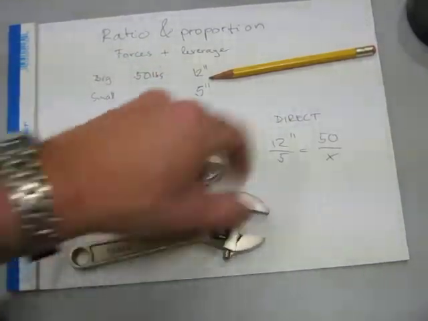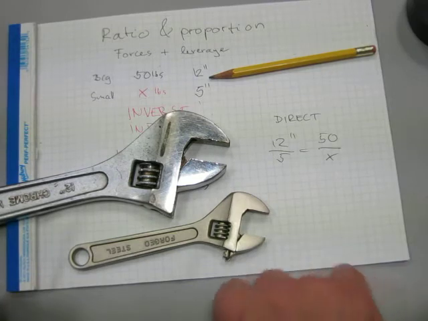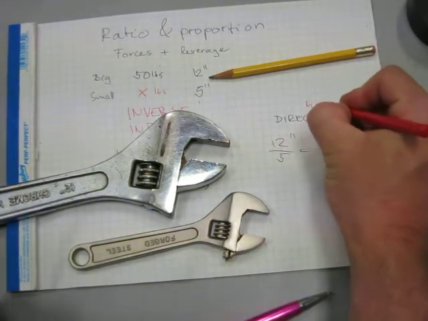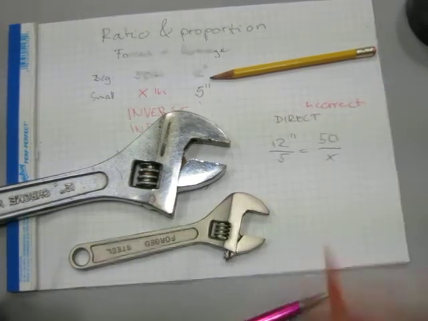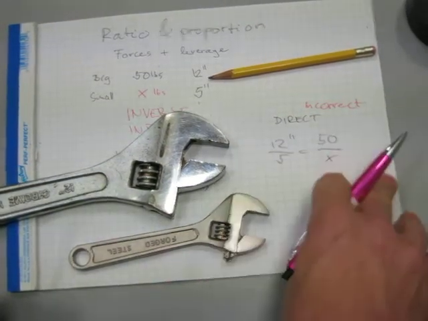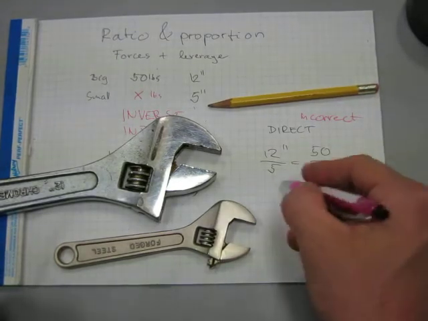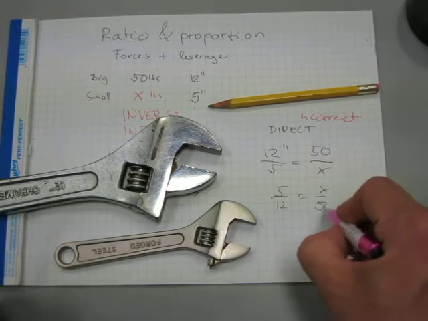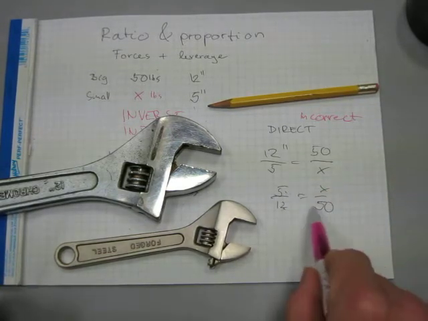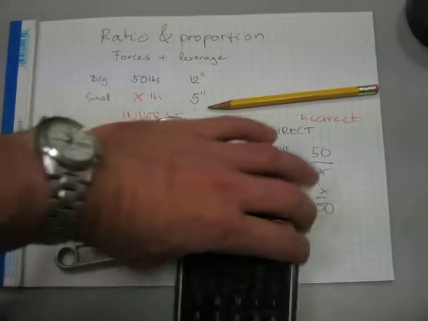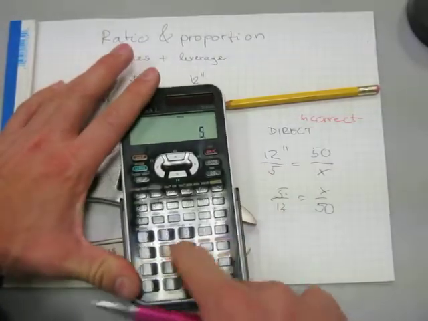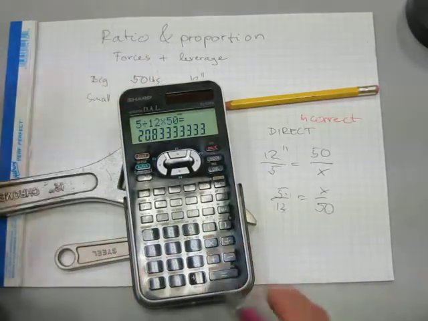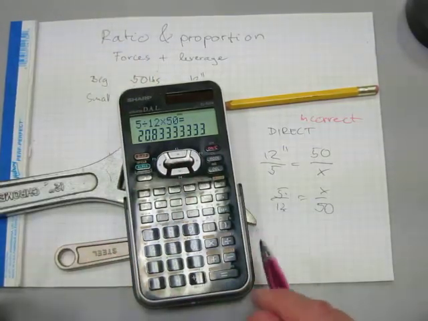If you calculated with the direct proportion, which is incorrect in this particular situation, then your solution is, let me just flip both so it's easier to see, 5 divided by 12 multiplied by 50 equals, this only gives us 20.8.